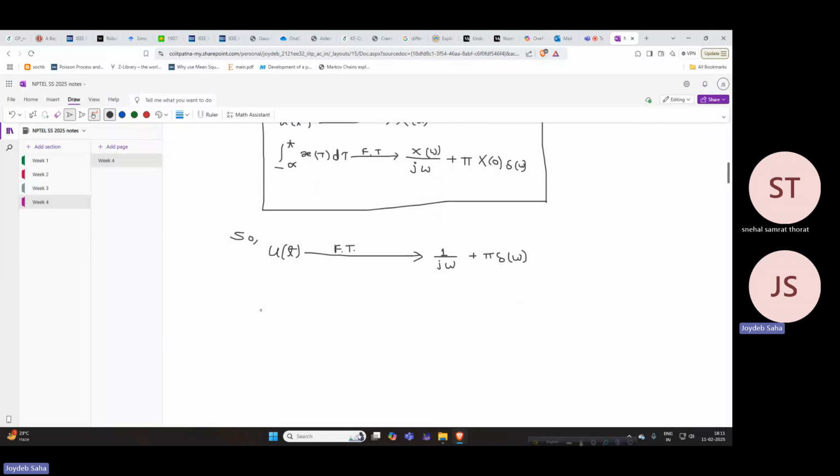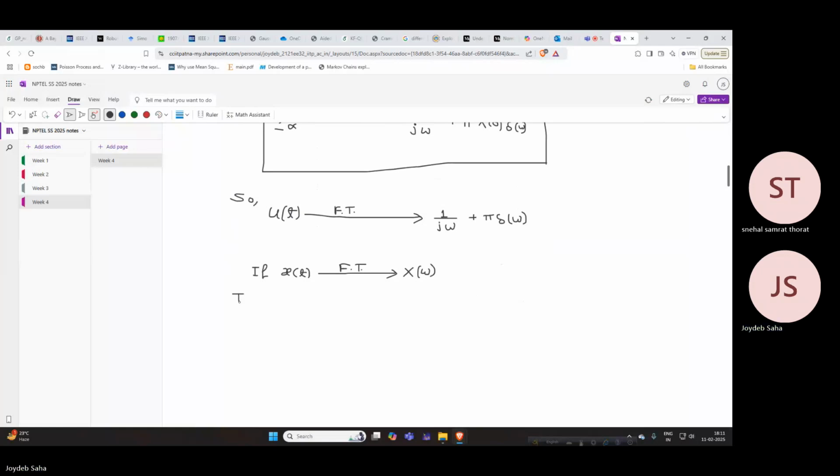Time reversal property: if x(t), its Fourier transform is X(omega), then x of minus t, its Fourier transform will be X of minus omega.